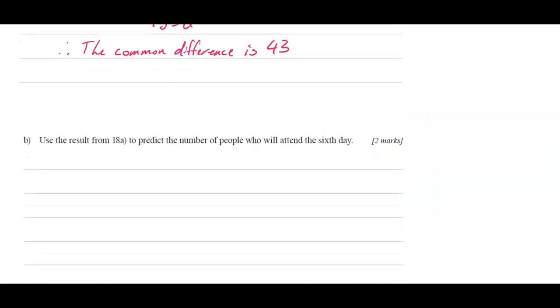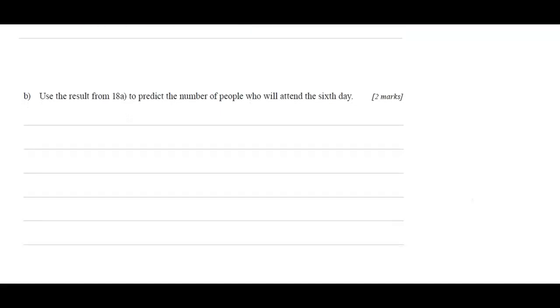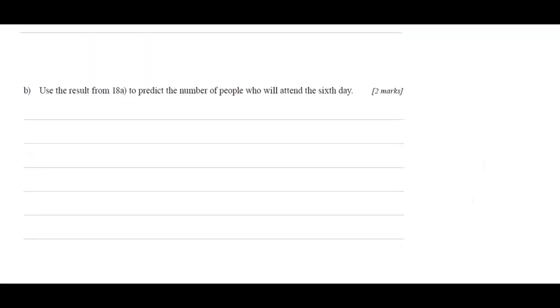Use the results from 18A to predict the number of people who will attend the 6th day. So this is using our rule again, which was Tn equals T1 plus n minus 1 d. Now we want to know how many people are going to attend the 6th day.